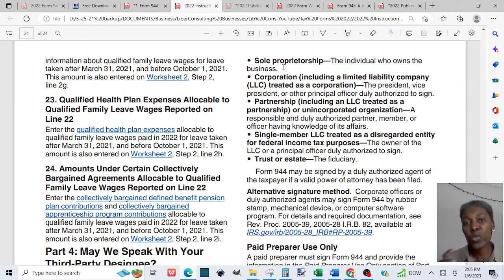Any one of those members will be able to put their name, their title, which will be member, and sign and date it.